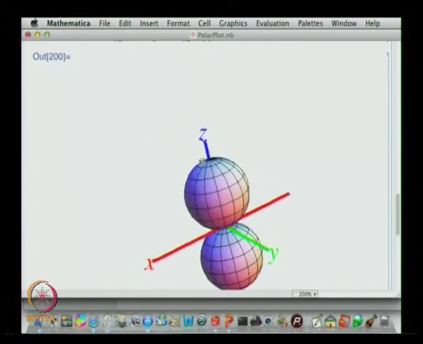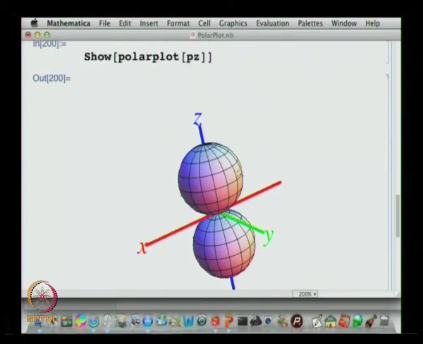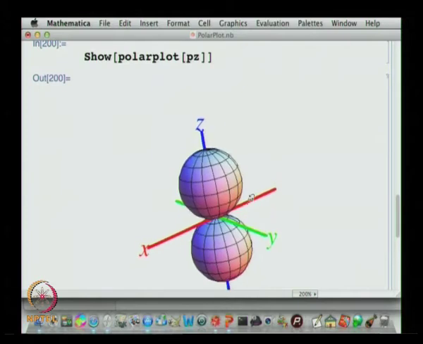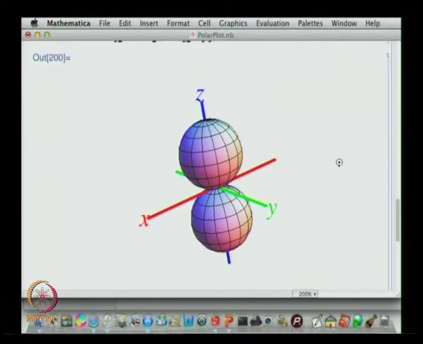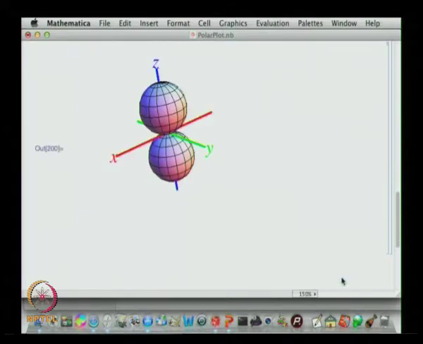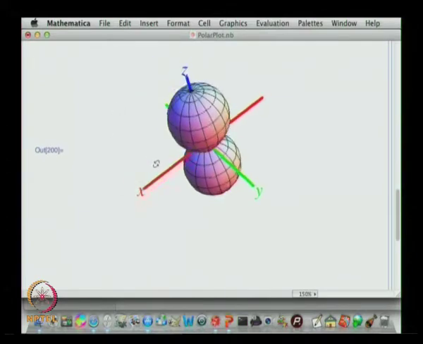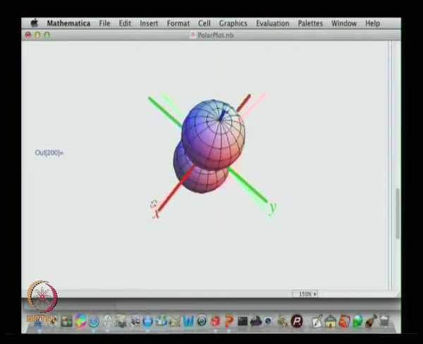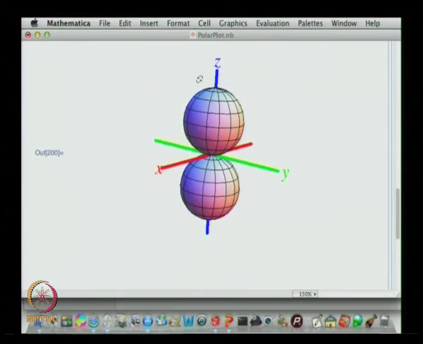Okay. You can rotate it and view it, so that the 3-dimensional appearance of the polar plot is clear.